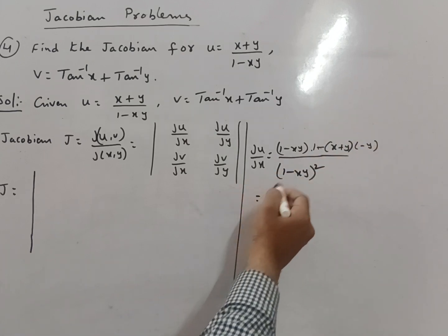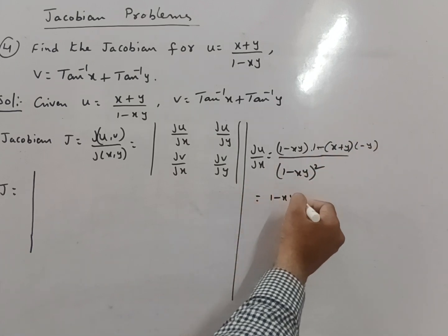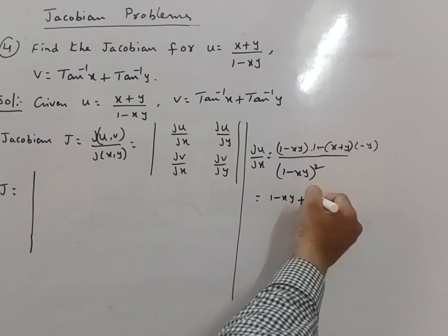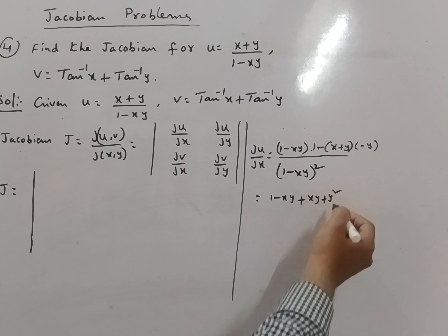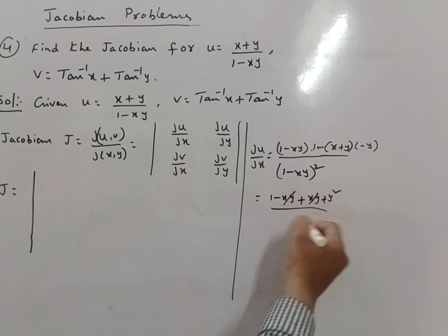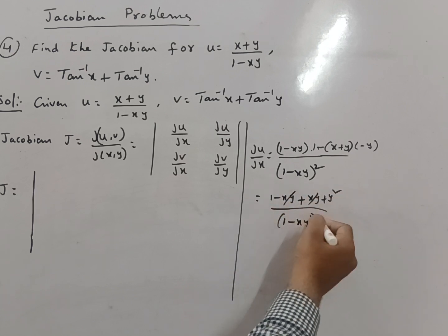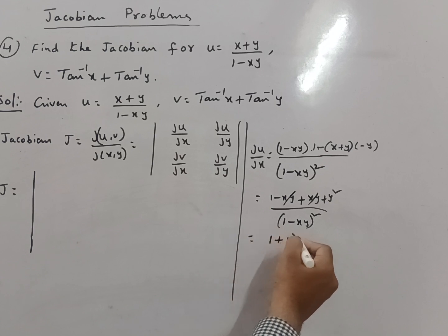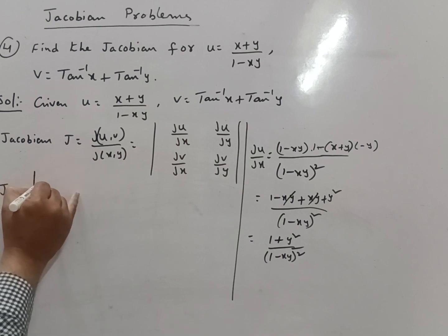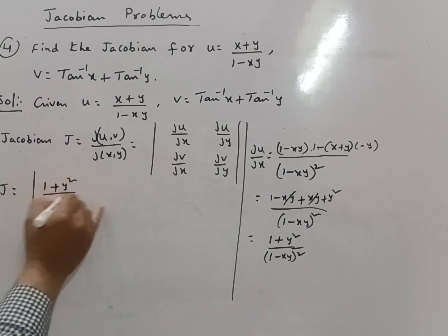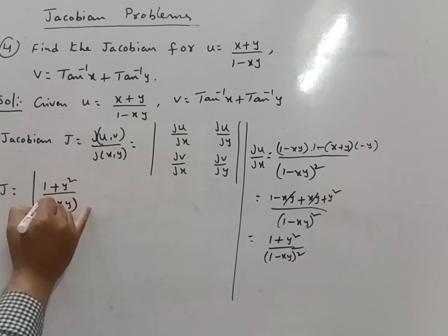So I get (1 minus xy), minus into minus plus xy minus y square, minus into minus gives plus y square. So minus xy plus xy got cancelled. So what I got? 1 plus y square by (1 minus xy) whole square. Therefore, 1 plus y square by (1 minus xy) whole square.